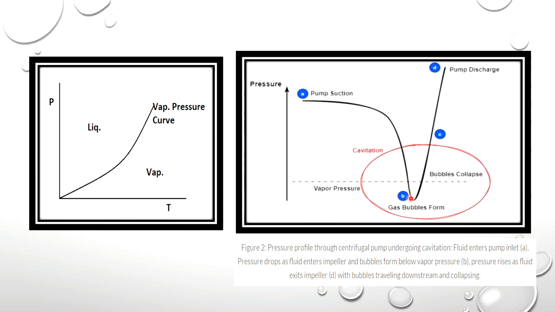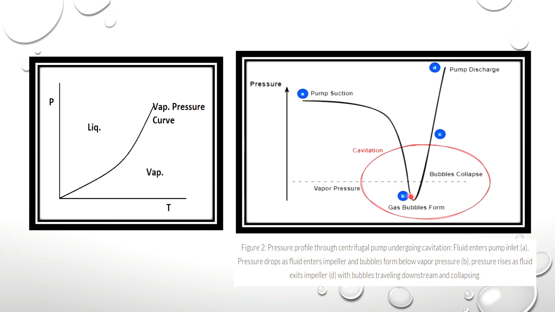At the eye of the impeller, the pressure is minimum. From the eye of the impeller to the discharge point, pressure again increases.